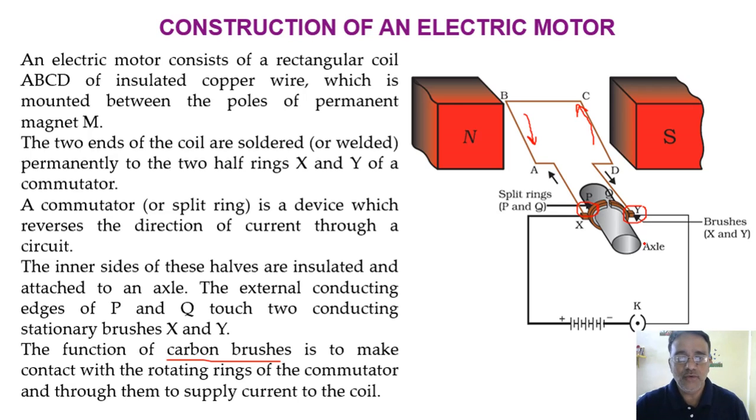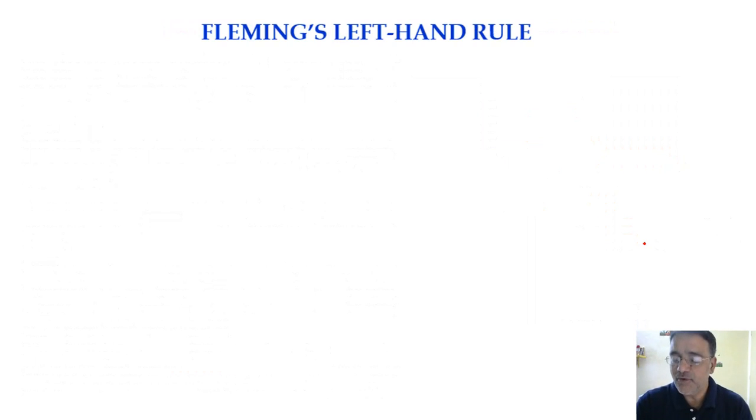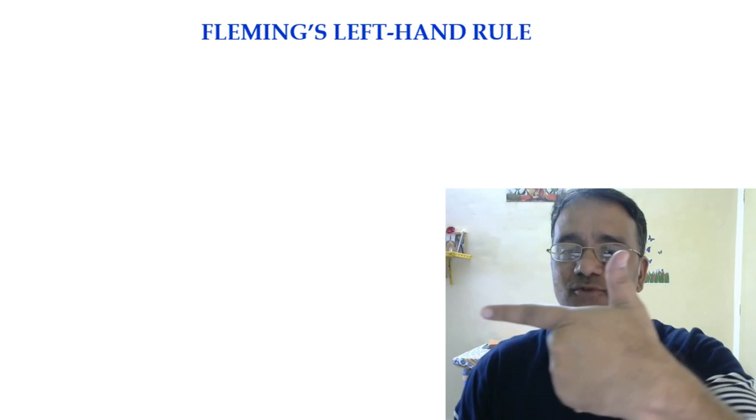Now we will discuss the working, but before starting the working, because the electric motor is completely based on the principle of Fleming's left hand rule, let us recapitulate Fleming's left hand rule once more. So this is my left hand and I have to keep it like that.